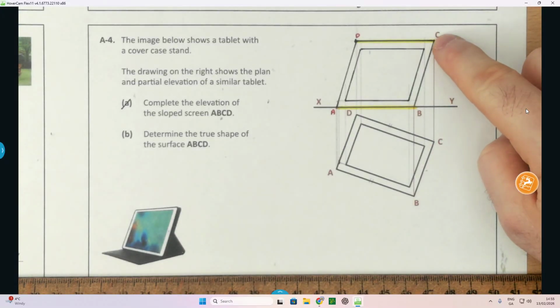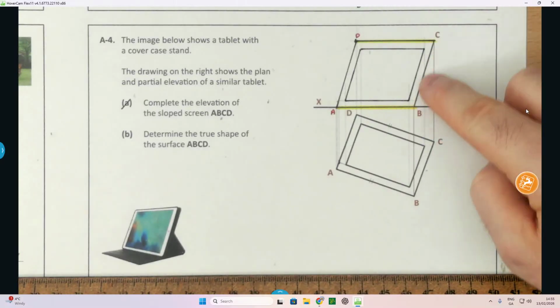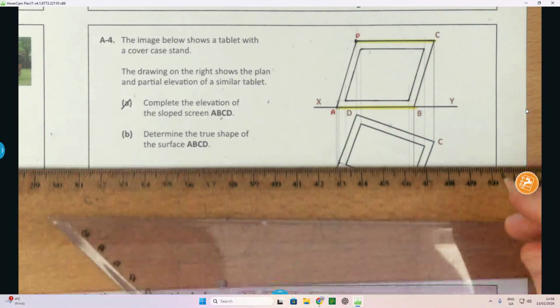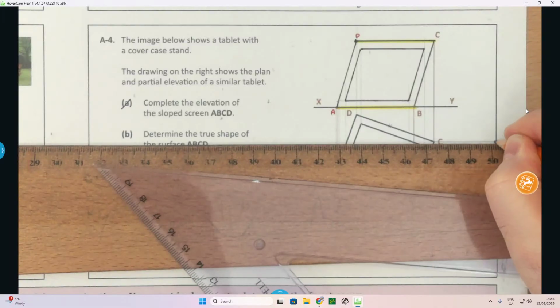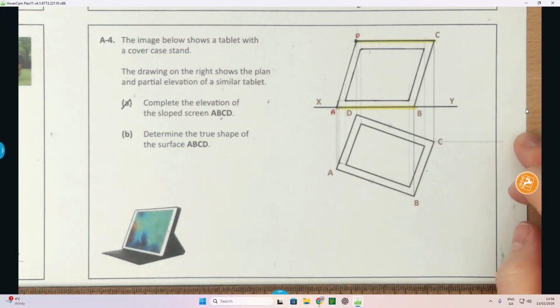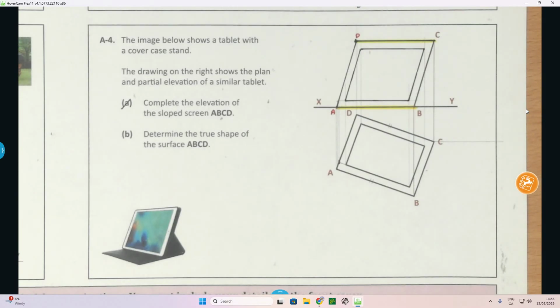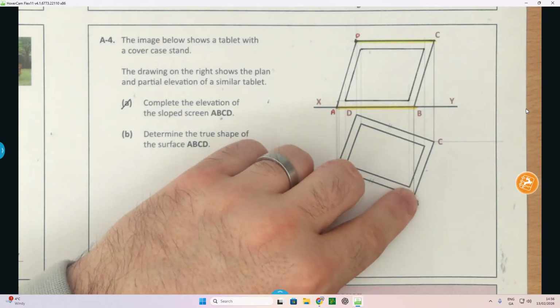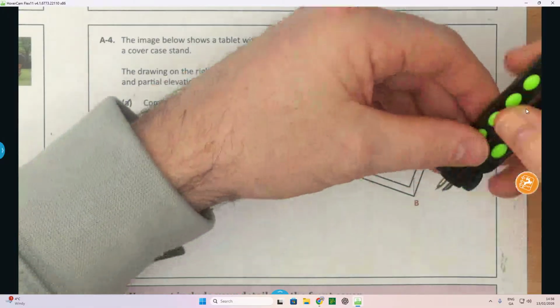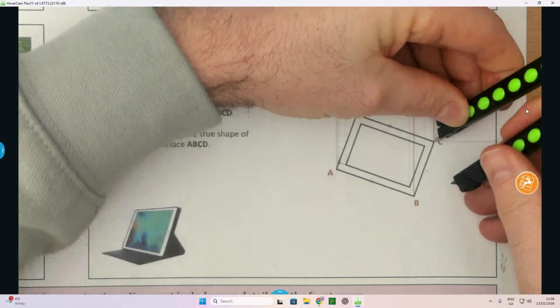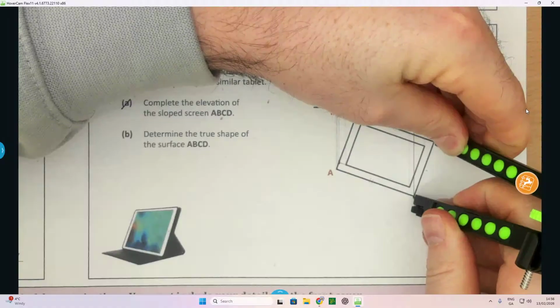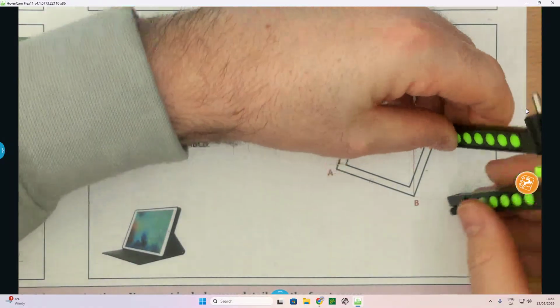Imagine that this was a cone, and CB is the generator of said cone. So if I was to extend out C like this, and I know B is on the ground because that's on the base point or the base circumference of the cone. If I was to rotate that until it's horizontal, I'm going to treat C as the apex of a cone. I'm going to rotate B. There we go.